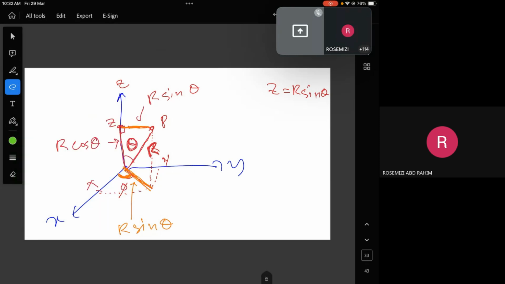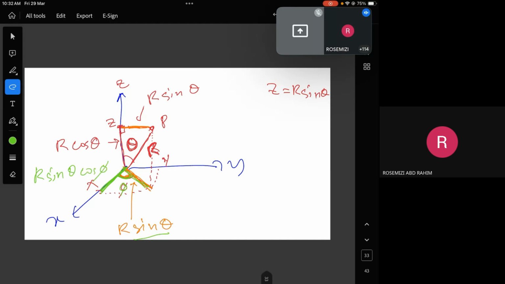Okay. So we know this distance is equal to R sine theta, and we have phi here. So we can calculate this value. It means that this value will be equal to this one times cos phi. So R sine theta cos phi.